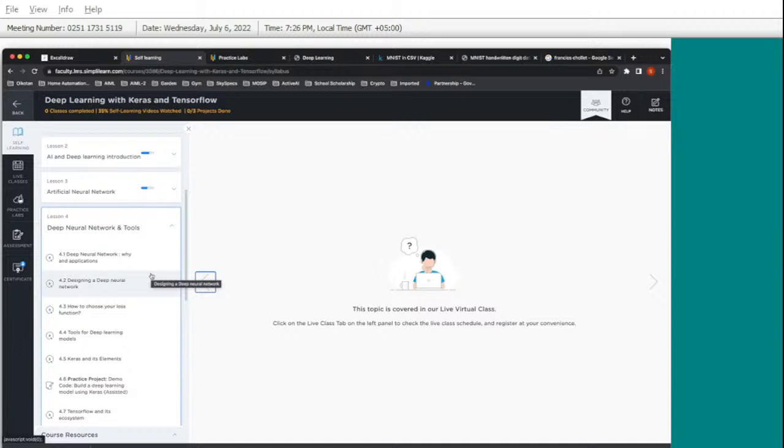If you use Google Colab, can you explain how to use GPU? First of all, as part of this training, this mentoring and teaching session, you should not use Google Colab. You should always use Practice Lab. But if you really want to use Google Colab on your own time, there are two things you have to do.